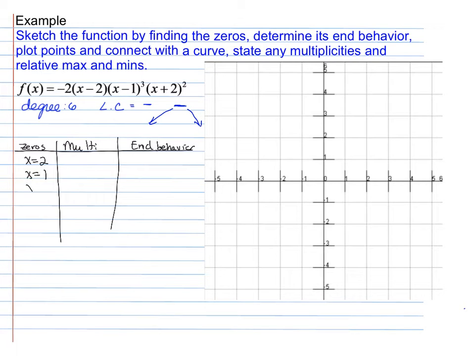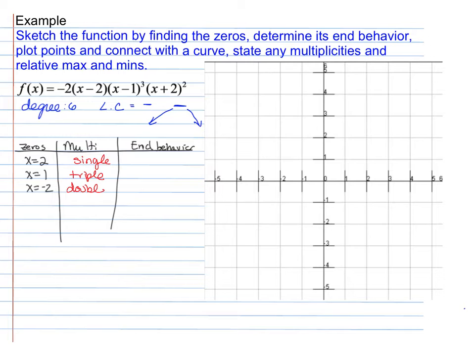And the last one is x equals -2. Since x minus 2 has a power of 1, that means it's a single, a triple, a double. So I have a single for x equals 2, for x equals 1, I have a triple, and for x equals -2, I have a double.